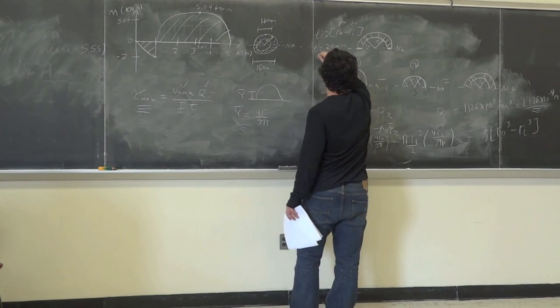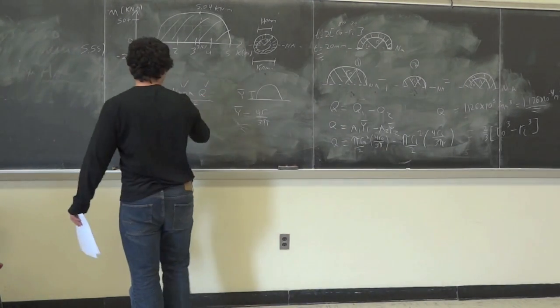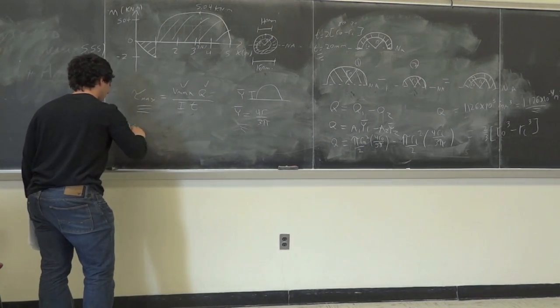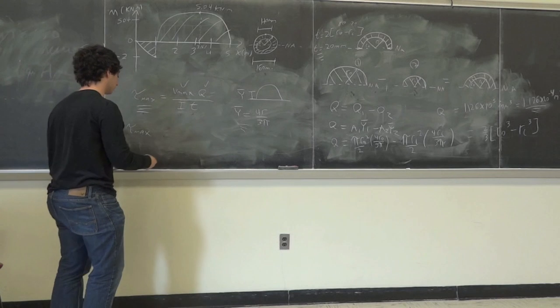That's perfect. Okay? So we got everything. So we know this, we know this, we know this. So plug it all in. So you have tau max. Someone's going to have to calculate this because I calculated Q wrong too.